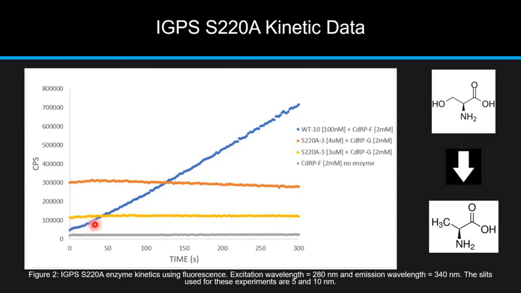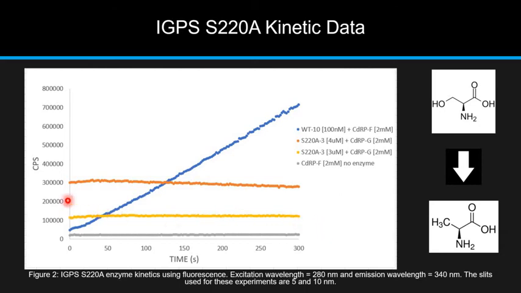We also have the wild type control in blue, and I would just like to note that this is done at 100 nanomolar. Both of these controls were actually seen in the previous slide as well. Since mutating serine to alanine is a drastic mutation, I expected to see decreased activity in the mutated enzyme relative to the wild type enzyme.